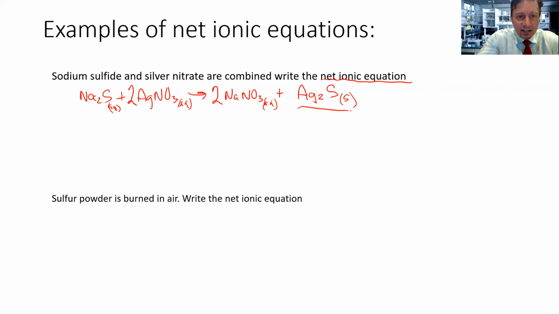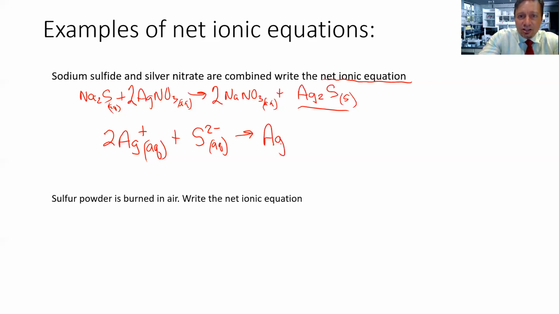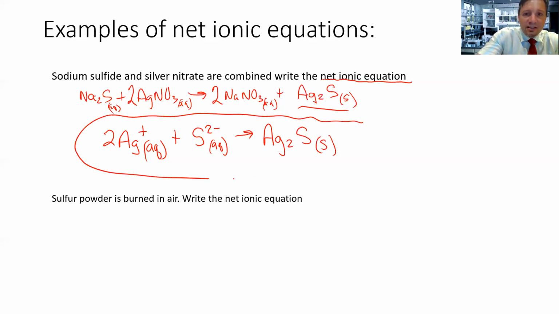So when I look on this other side here, I have my 2Ag plus, and that is aqueous, plus I have my sulfide here, 2-, and that is aqueous, and they are going to produce Ag2S, and that is solid. So here is my net ionic equation for this particular example.